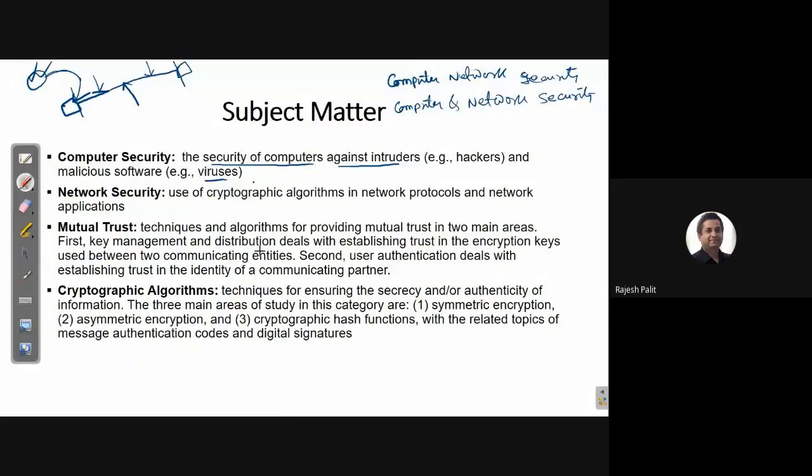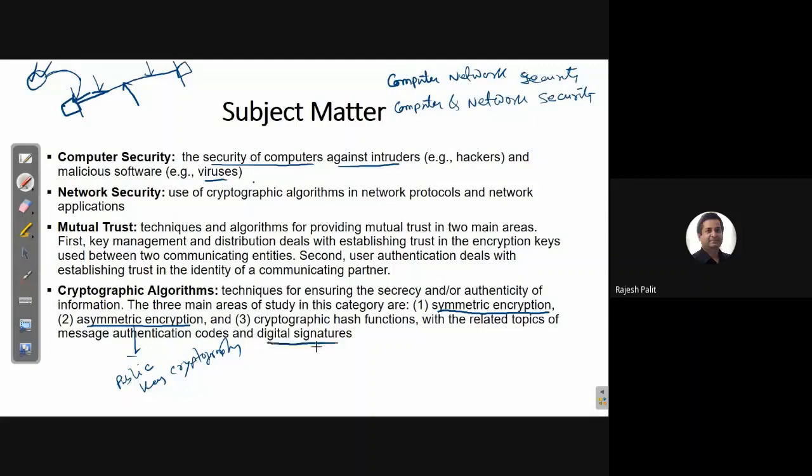In this course, we will be learning a number of cryptographic algorithms. The first, in the very beginning, is symmetric encryption, and the second is asymmetric encryption, which is basically public key cryptography. Then cryptographic hash functions, with related topics of message authentication codes and digital signatures.